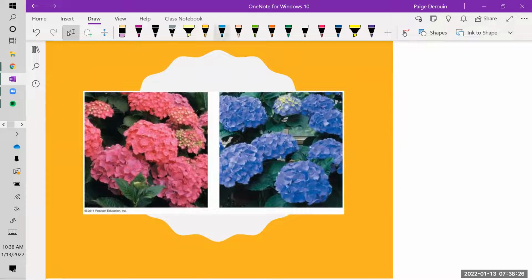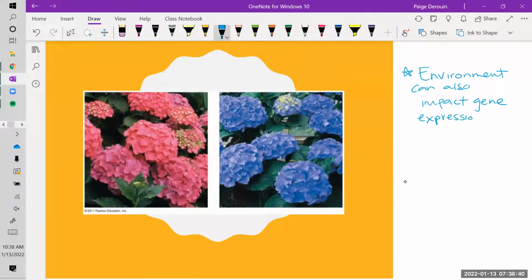Now let's talk about the environment. So environment can also impact gene expression. And in humans, things like nutrition and environment can affect whether your genes are actually determining your height or whatever.